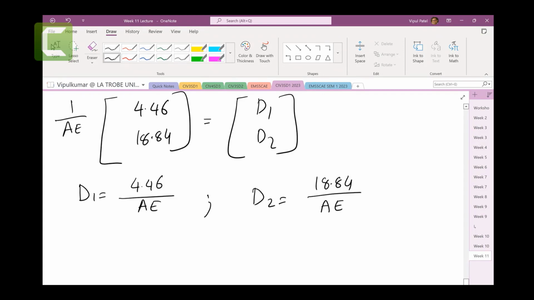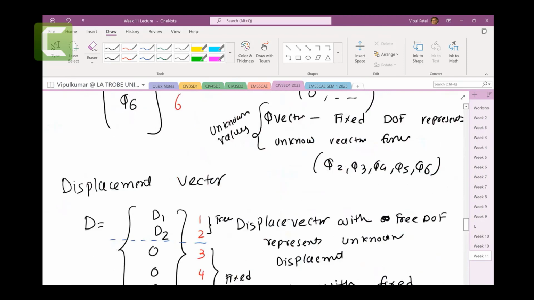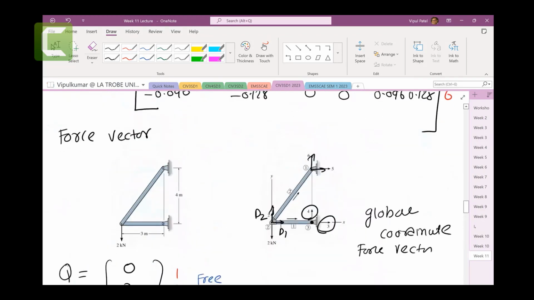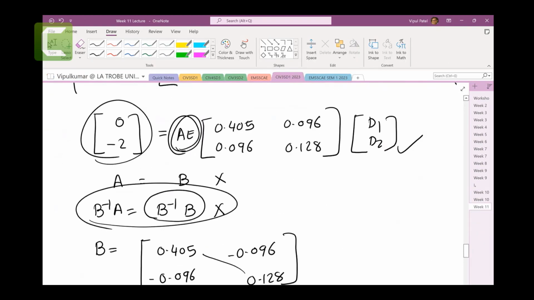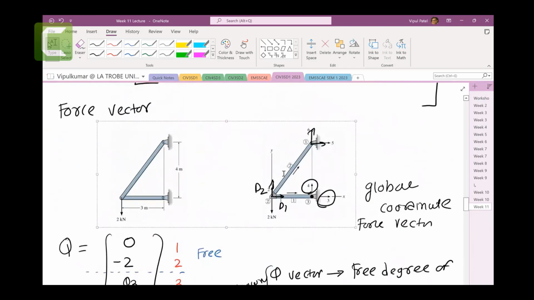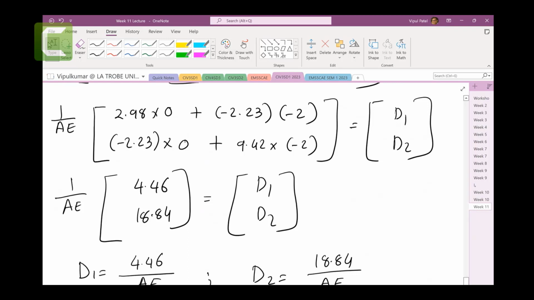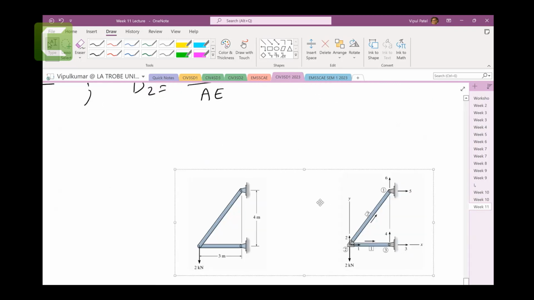What does it mean? Let me get these ones, Control C. What does it mean for you?